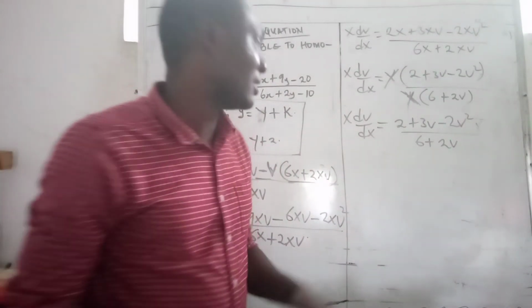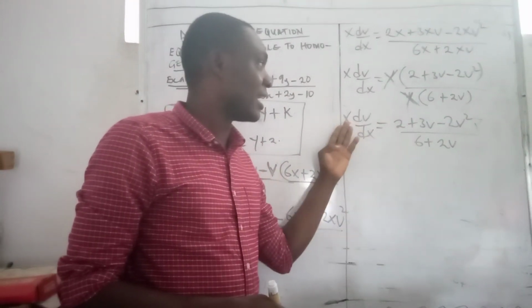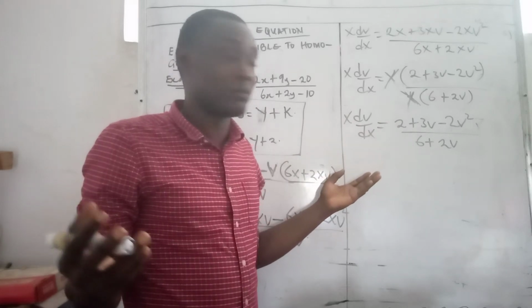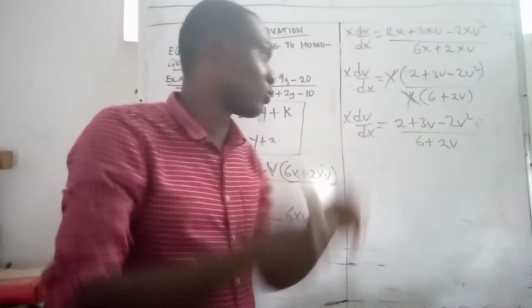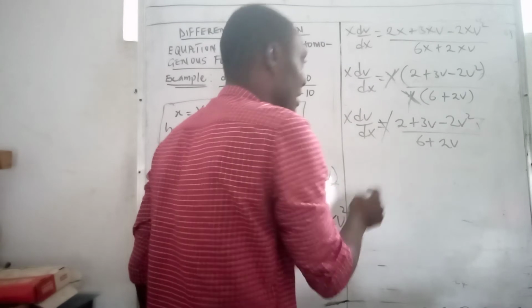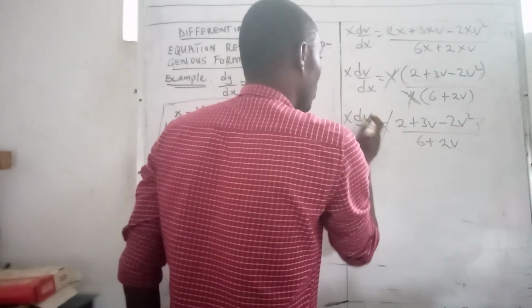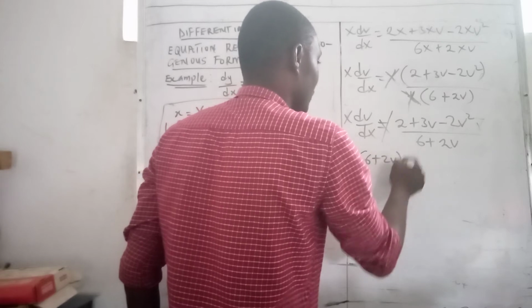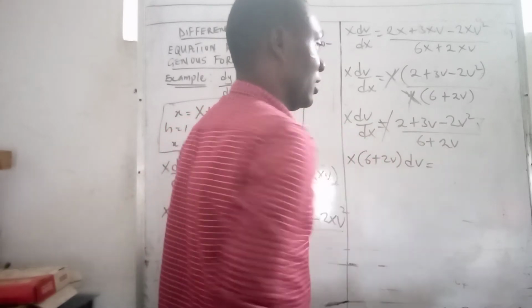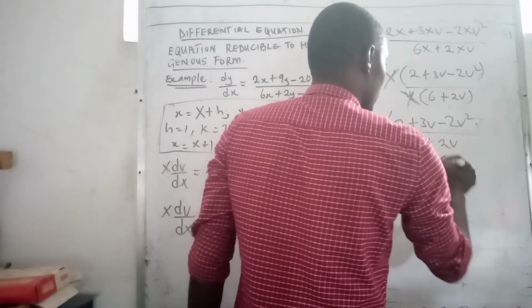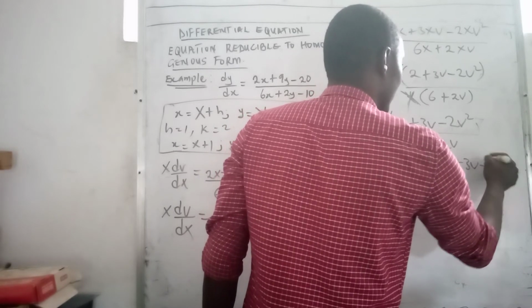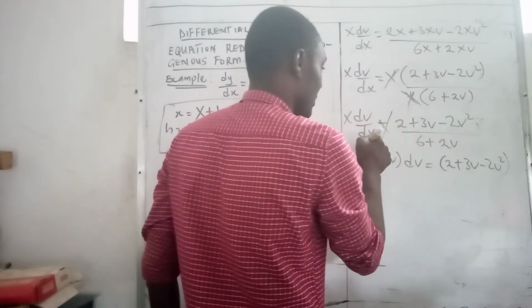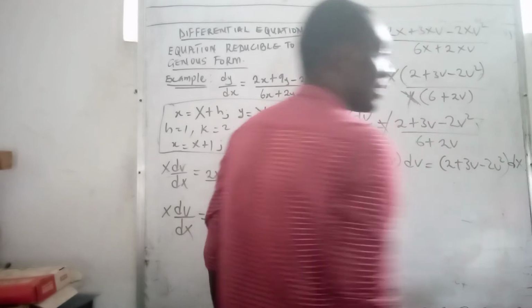Now we have terms in v and x, so we can separate the variables now. So by separating the variables, I'm just going to cross multiply. I'll lift this up, so I'm going to have x into 6 plus 2v dv equals 2 plus 3v minus 2v squared dx.